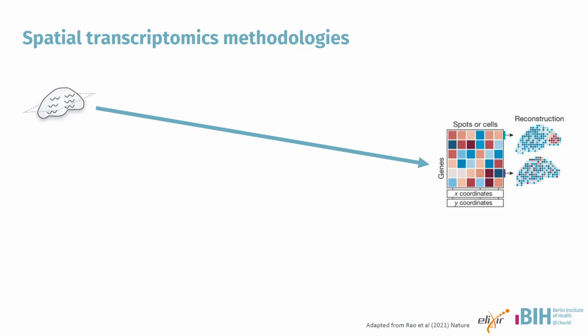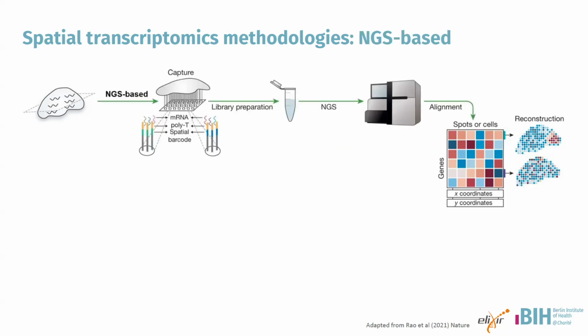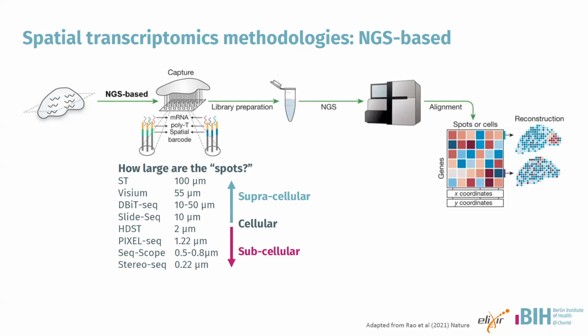In Laz's presentation yesterday, he nicely explained that there are generally 2 ways to get to this matrix of data, and one is profiling through sequencing-based methods, where you tag the mRNAs with a spatial barcode, and then through sequencing you can recapitulate where these transcripts were identified.